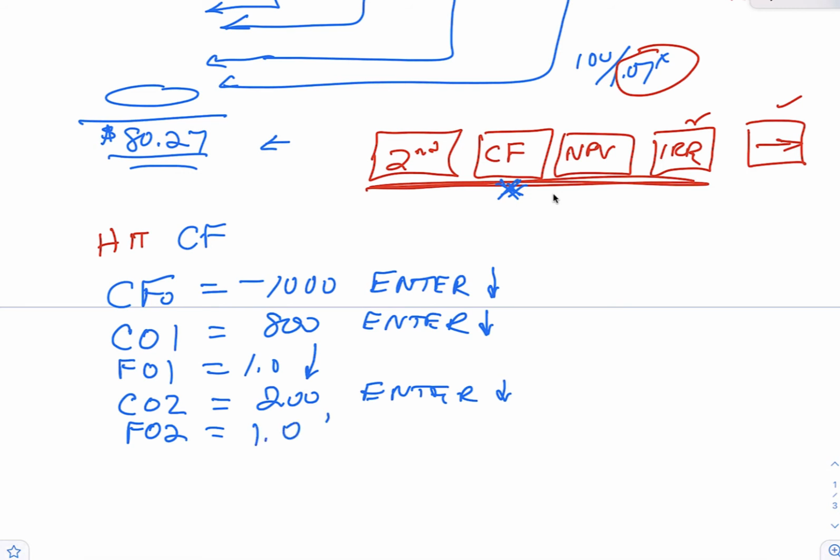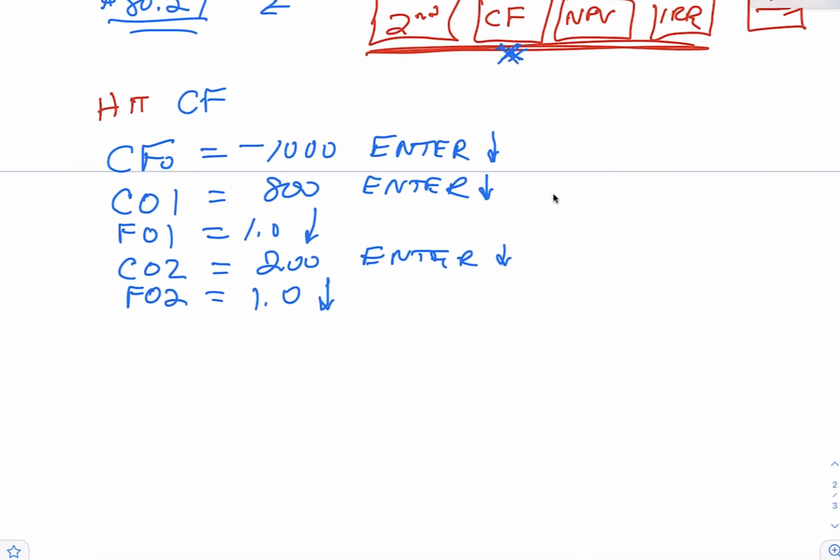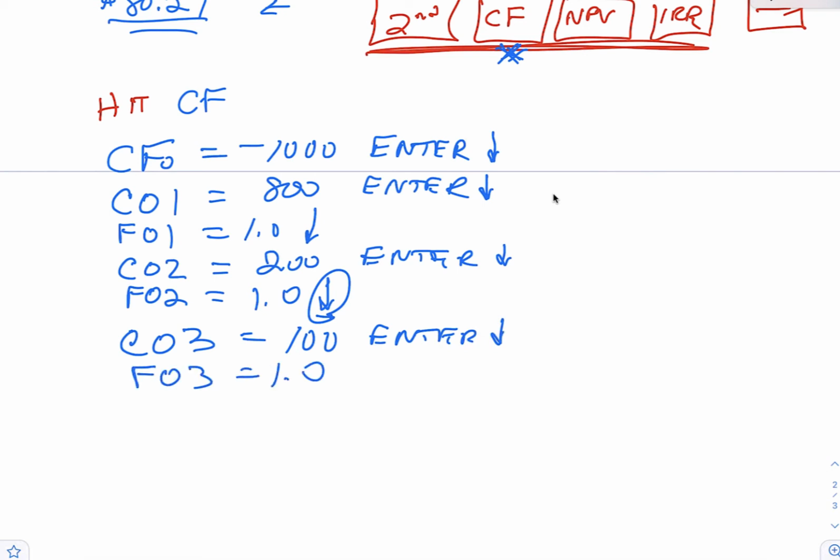Leave it at 1, move down, and again, if it's not 1, enter 1 and the down arrow so it sticks. Now, when you hit this down arrow, you're going to get C03, and you're going to enter 100. Then the down arrow, and you're going to get F03, and that's going to be 1.